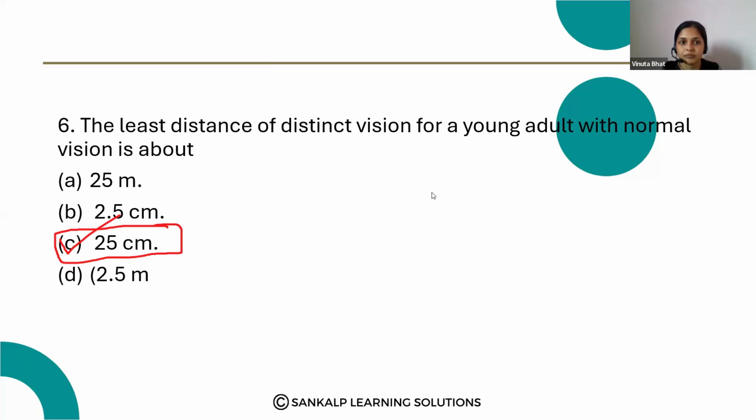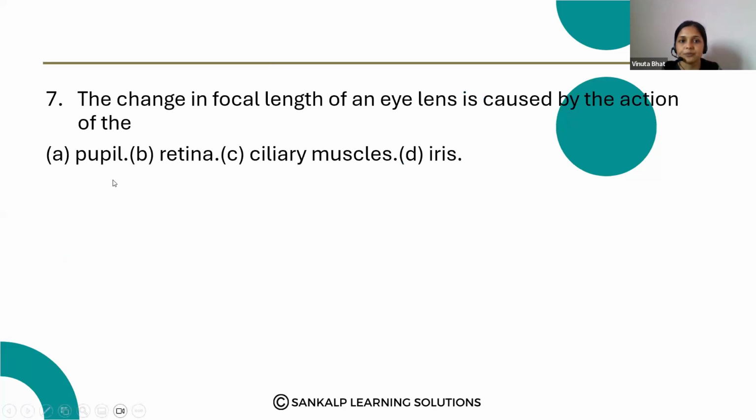Next question. The change in focal length of the eye lens is caused by the action of the pupil, retina, ciliary muscles, or iris.